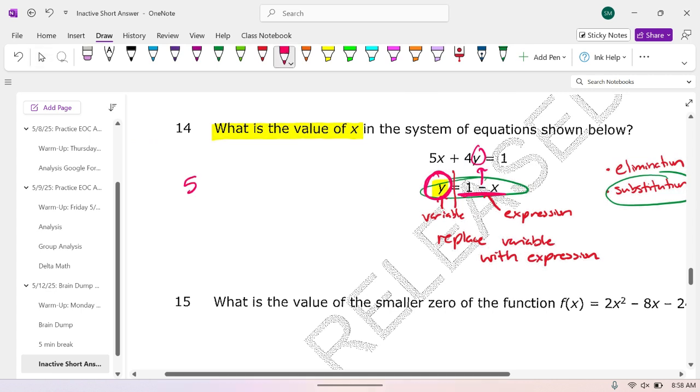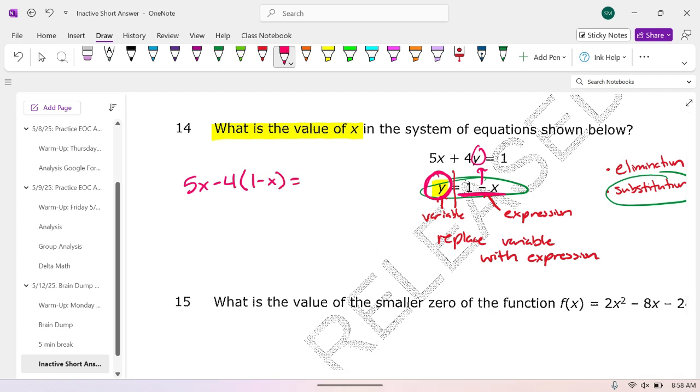So if I do that, I get 5x minus 4 times 1 minus x is equal to 1. And then we're just solving an equation. So what's my first step? So it's just solving a multi-step equation, guys.